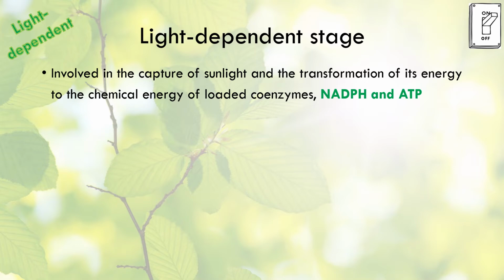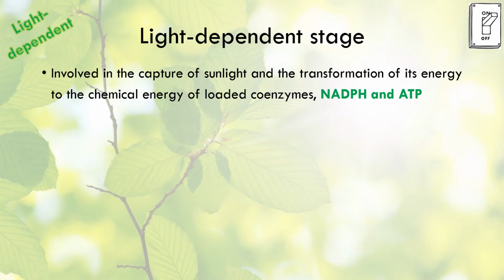If you remember from our little diagram of the chloroplast, that process is occurring in the thylakoid. So it's actually occurring on and through the thylakoid membrane of the grana. And it's involved in the capture of the sunlight and transformation of its energy into chemical energy of loaded coenzymes.